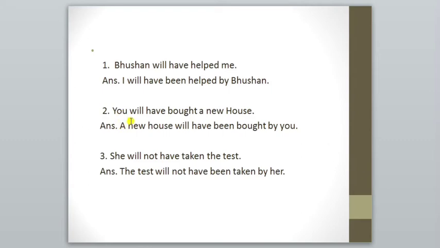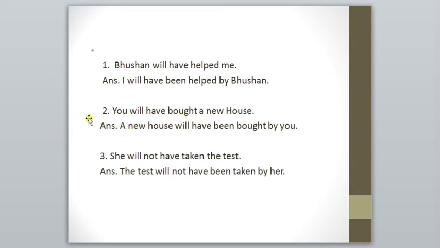Second, you will have bought a new house. Buy, bought, bought. Understand the difference between bring, brought, brought and buy, bought, bought. Most of the students are always confused between bring and buy, between brought and bought. Both are different. Okay.